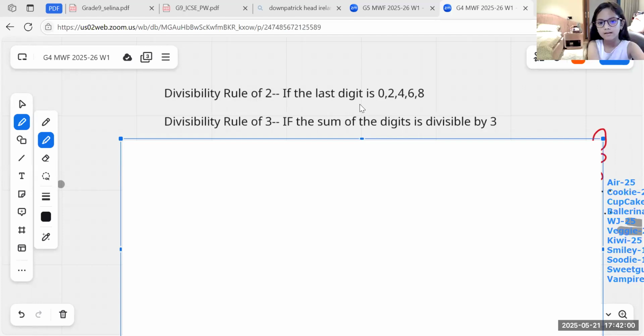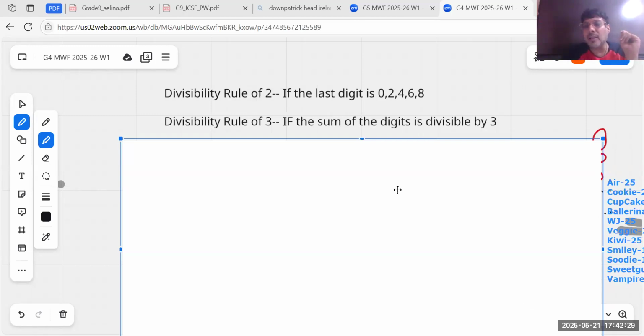Shanaya, the divisibility rule of which number is similar to 3? Miraya and Vampire, 9. The rule for 9 is also the same: if the sum of the digits is divisible by 9. Okay, next. What is the divisibility rule of 4?